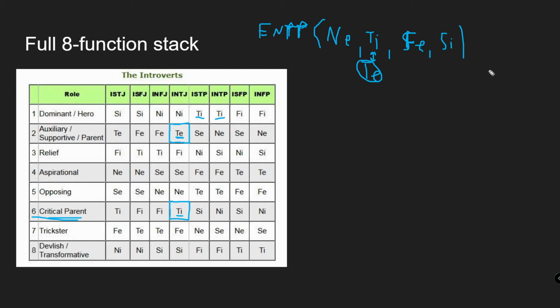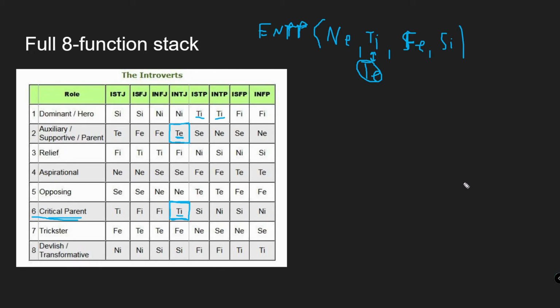You hear that? Almost as strong as your dominant function. Now, just because it's strong doesn't mean it's in your stack. Many INTJs have extremely high TI, but it's in the sixth place in their stack.